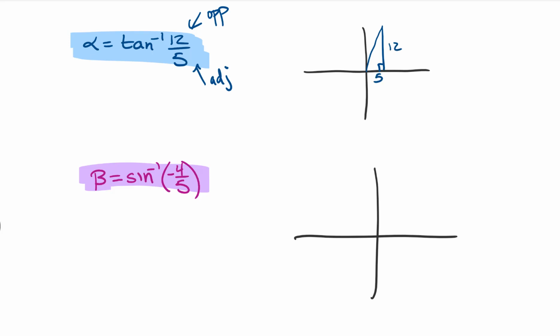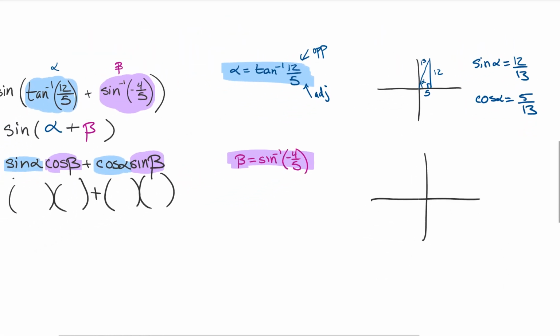That's a 5, 12, 13 triangle. I'm just going to put the 13 in there. And there's angle alpha. What's sine of alpha? Isn't that the opposite, 12, over that 13? What's cosine of alpha? That's the adjacent, 5 over 13, the hypotenuse.